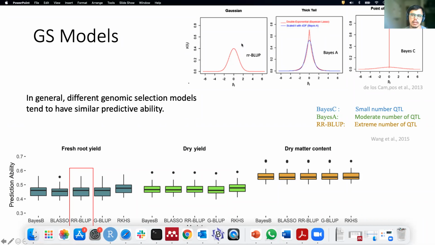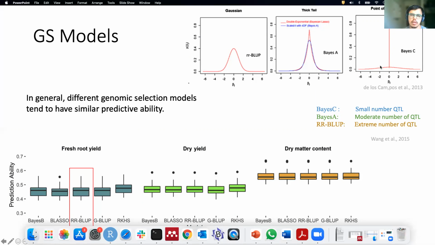So that is an important difference between those models: the prior assumption of the distribution of the marker effects. But still, my suggestion is that if you are working in genomic selection, you should try different models, and test whether some model works better than another one.